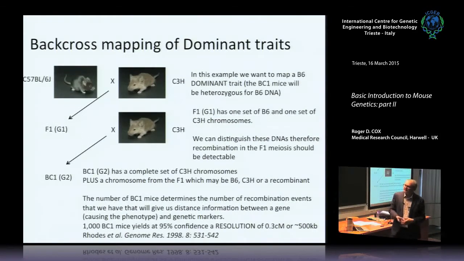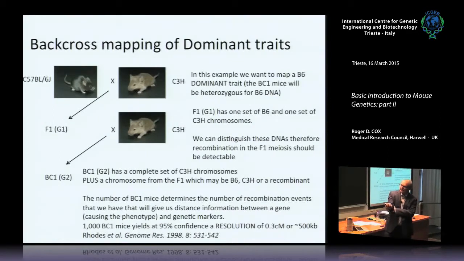Each mouse has one set of chromosomes from black 6J and one set of chromosomes from C3H in an F1 animal, or a G1. Sometimes you see it called a G1.